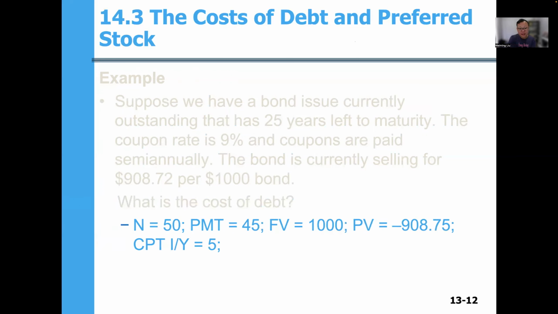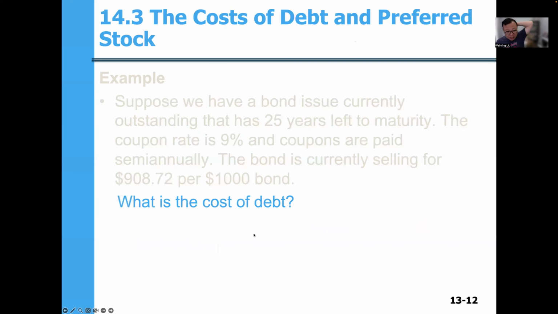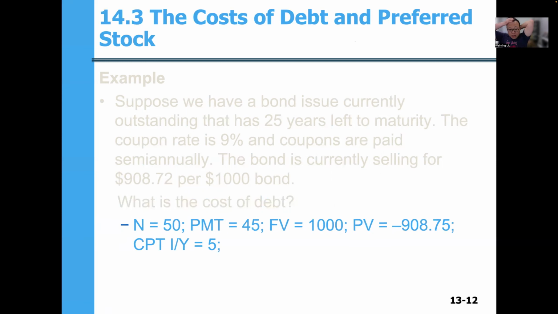Well, in this case, N equals 50. Why? Because the bond is outstanding for 25 years and the coupons are paid semi-annually, so 25 times 2, that's 50. The payment, you are paying... number of payments. So it's a $1,000 bond, right?